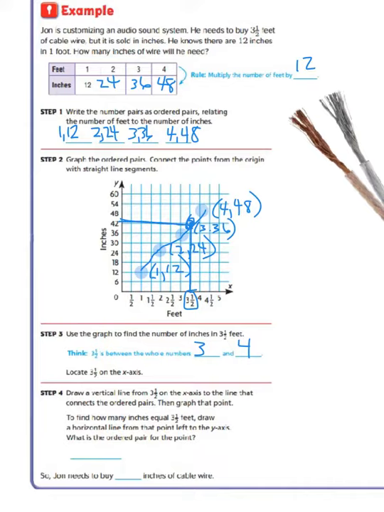So the ordered pair would be the 3.5 on the x-axis that meets with the 42 inches on the y-axis. So our ordered pair would be 3.5 and 42 inches. So John needs to buy 42 inches of cable wire.